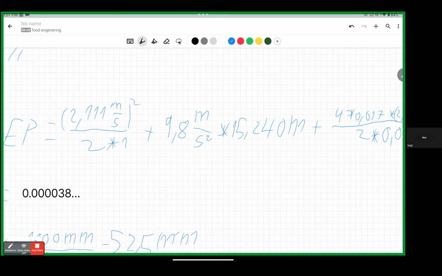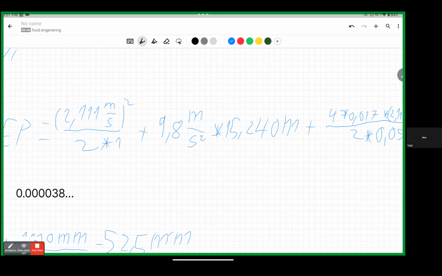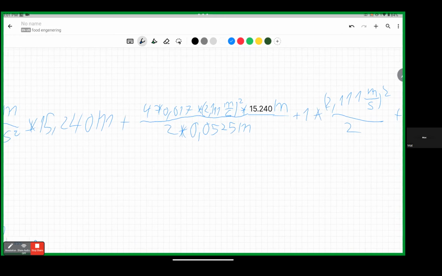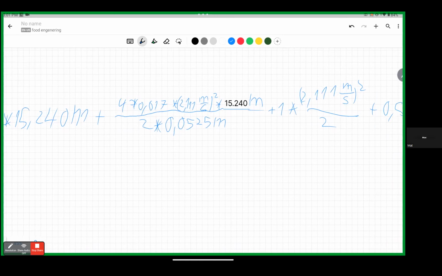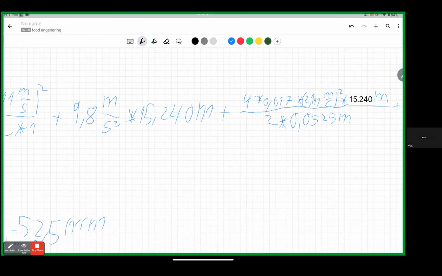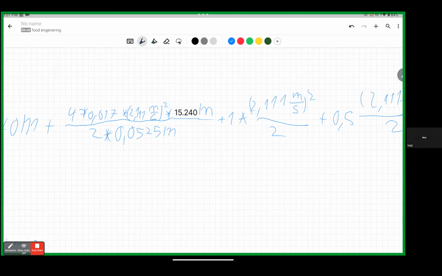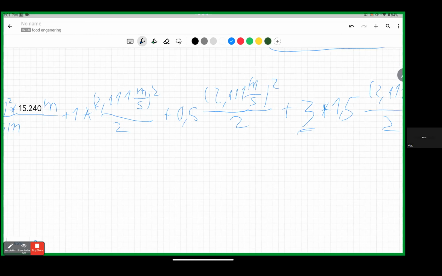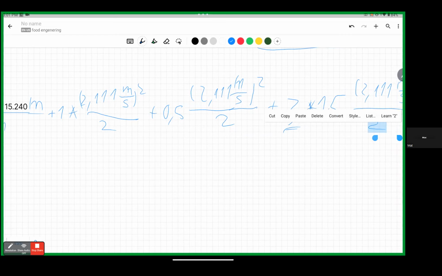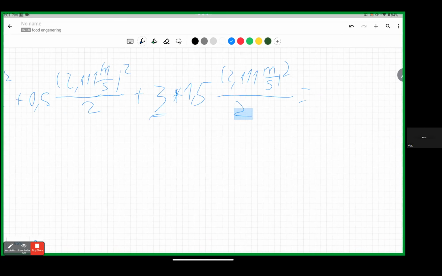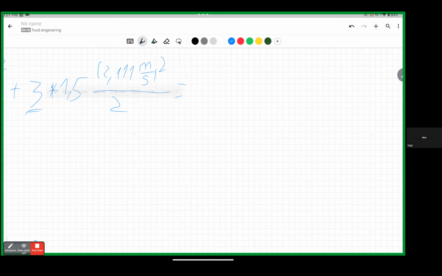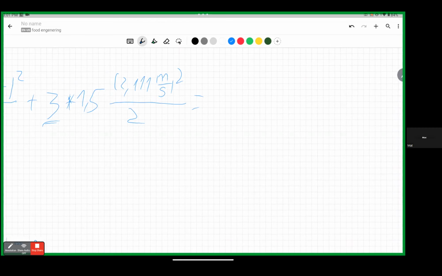I will try to take a photograph. Okay, and move to the app.